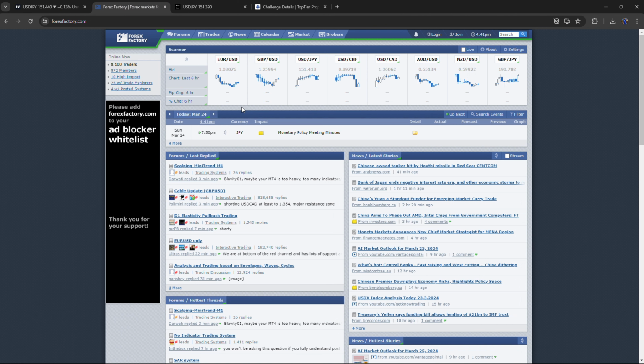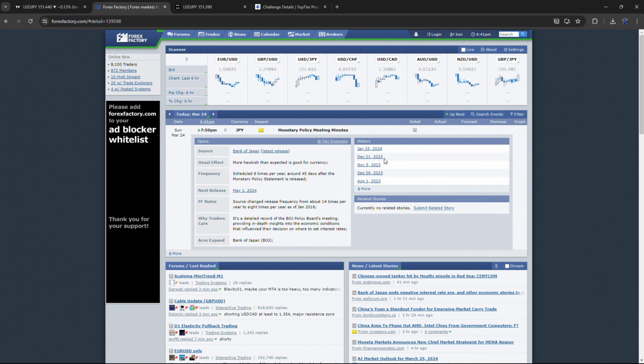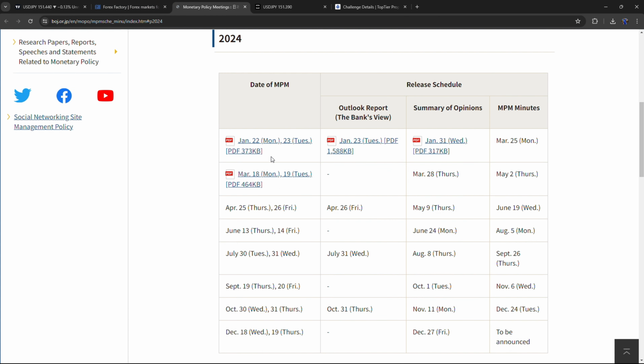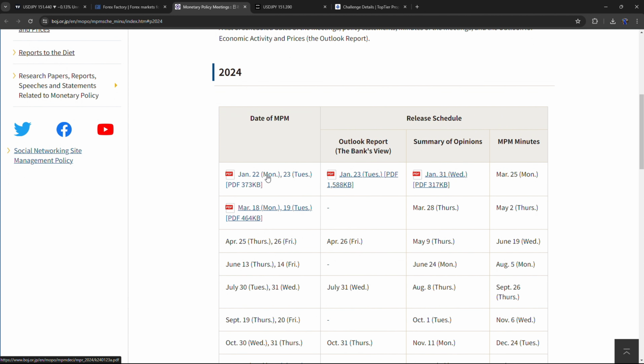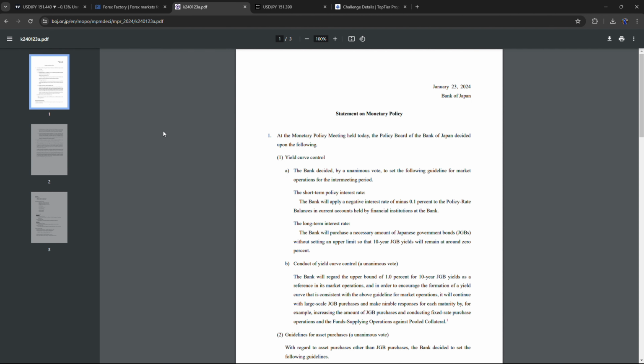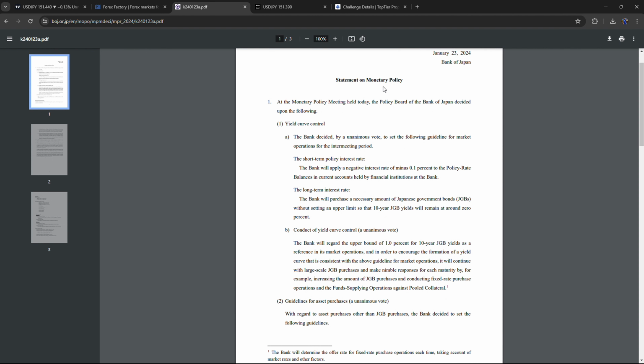By the way, Forex Factory is where I get most of my news for Forex, because not only is it free, it's normally extremely helpful, and they have articles which you could read right here. Like we can see right here the latest release of the yen, and if you click here, you can see for January the statement on monetary policy for JPY.